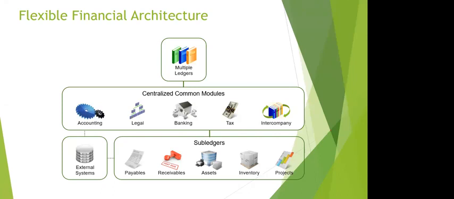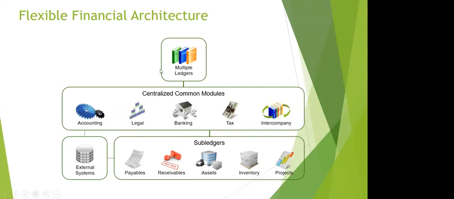Whereas in Fusion, everything has been centralized and brought under one roof, called intercompany. There is no global intercompany, no projects intercompany, no procurement intercompany. Everything will be under one roof, called intercompany. This is the one difference we can see from EBS to Fusion.